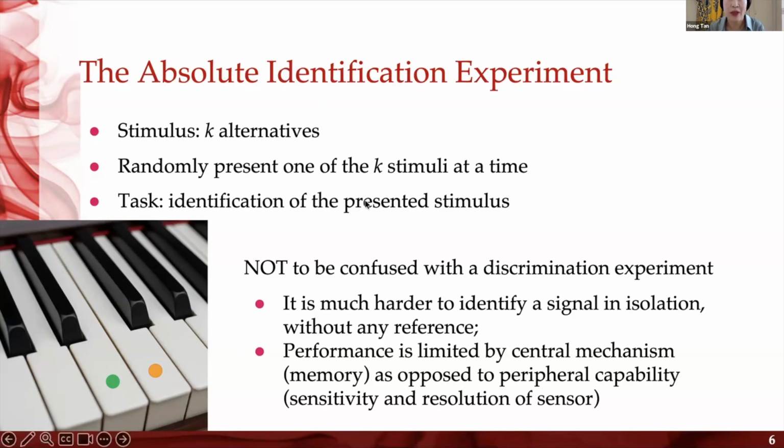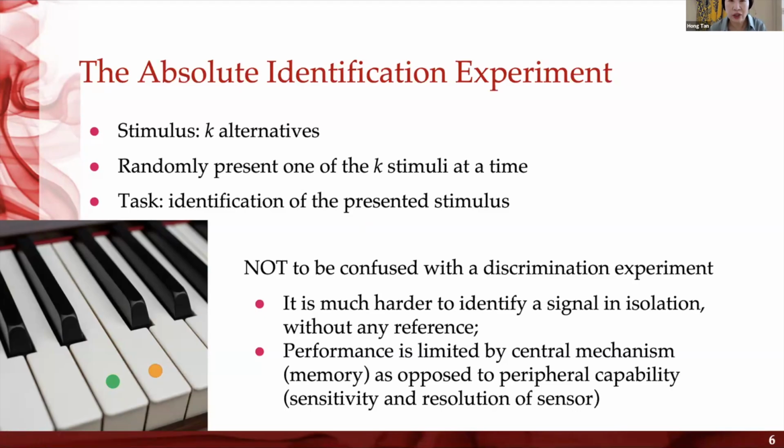The reason I'm using a piano to show this is to illustrate the following point. This is not to be confused with the discrimination experiment where I press the E, which is the green key, and F, the orange dot key, and ask you which one is higher pitch, which one is lower pitch.